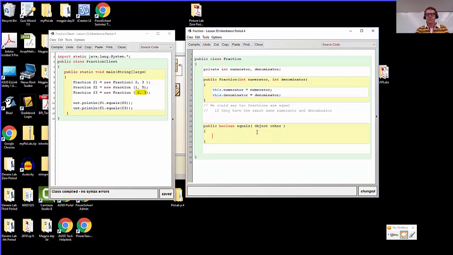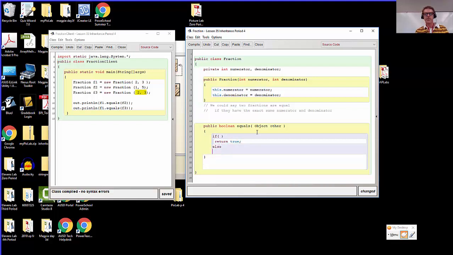Okay, so if you're doing this the first time, we're all new programmers here, you might guess you could do something like this. If something, return true, else return false. Okay, and we can do something like that. So again, our directions from our boss, from our professor, from whatever the question in the AP exam says: two fractions are equal if they have the same numerator and denominator.